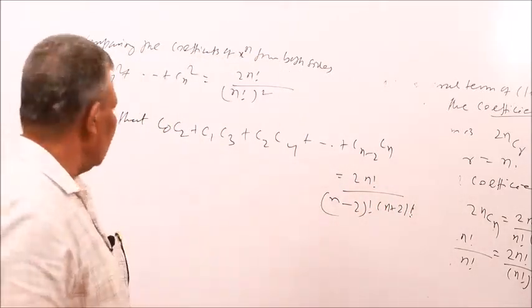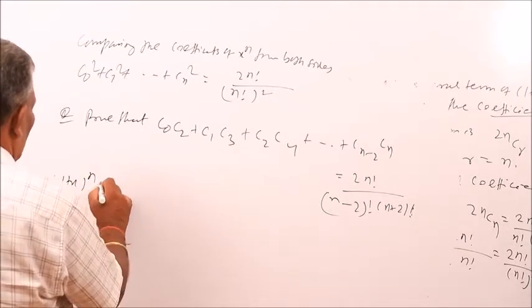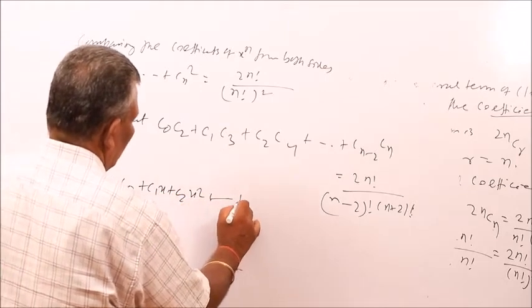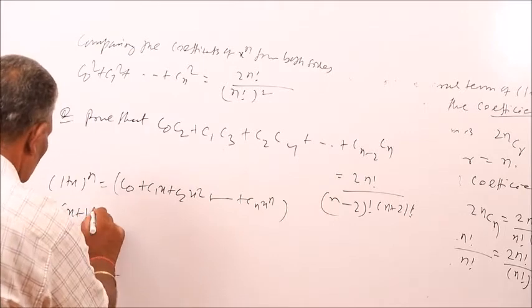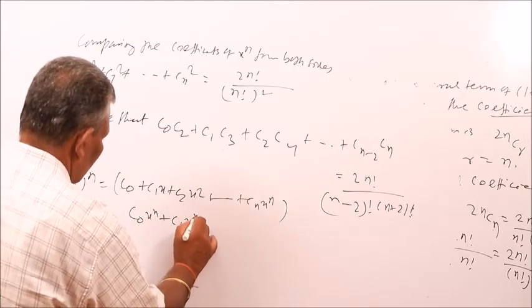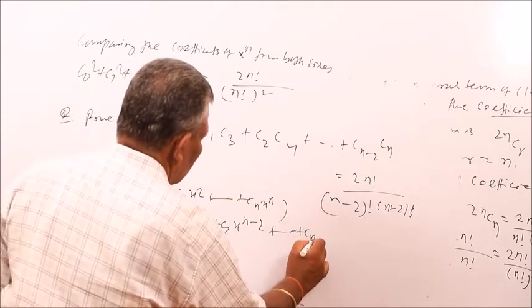Problem is same as the above two problems. So 1 plus x whole to the power n equals C0 plus C1x plus C2 x square up to Cn xn, x plus 1 whole to the power n equals C0 xn plus C1 x to the power n minus 1, C2 x to the power n minus 2 up to Cn.